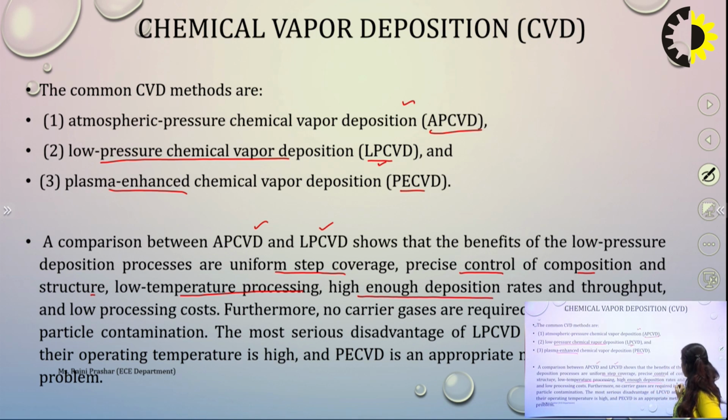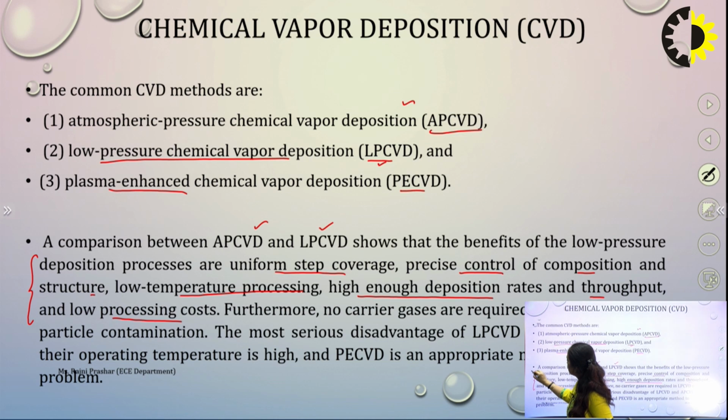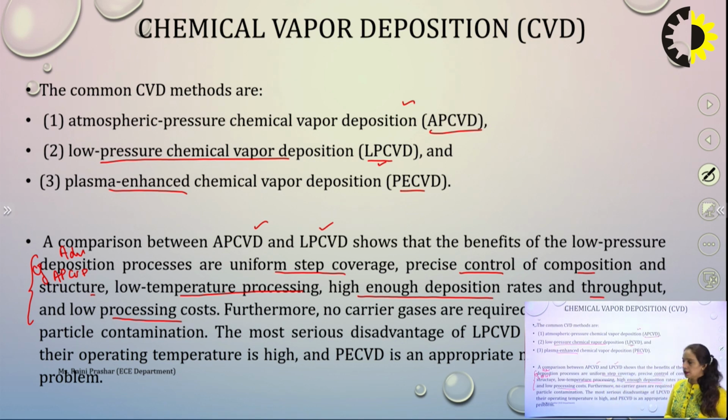High enough deposition rate can be achieved, the throughput will be high, and the processing cost will be low. Okay, these are some advantages. And furthermore, if no carrier gases are required in LPCVD, the particle contamination will be less.